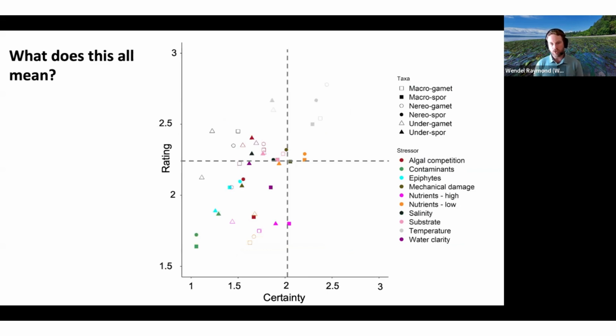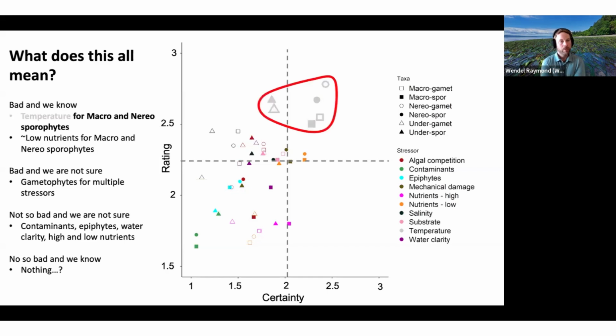So here are the mean rating and certainty scores for all 10 stressors and all taxa life stage combinations. So lots of tiny points on the plot, but we're going to go through the patterns together next. So next slide. Okay, so starting with the things that are bad and we know.